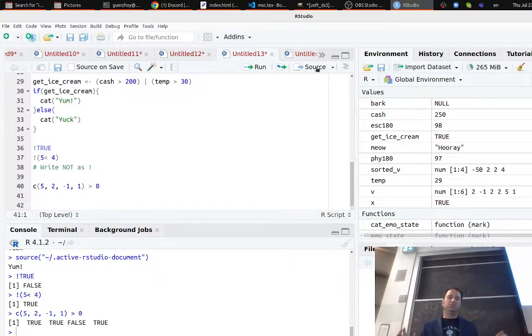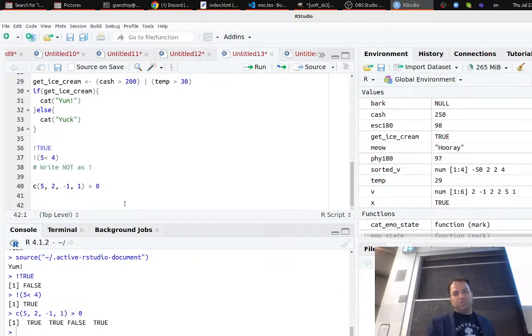That applies 5 greater than 0, 2 greater than 0, minus 1 greater than 0, and 1 greater than 0 to every element separately. It gives you a vector of truths and falses, where this true corresponds to 5 greater than 0, this true to 2 greater than 0, this false to minus 1 greater than 0, and so on.